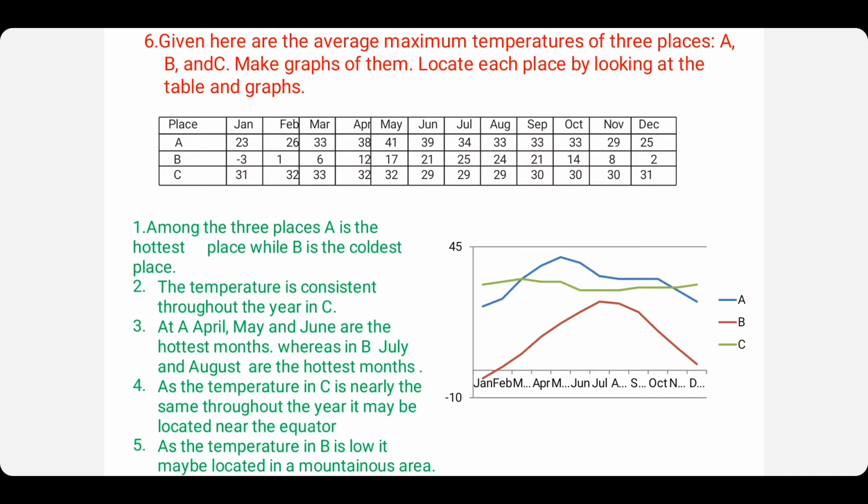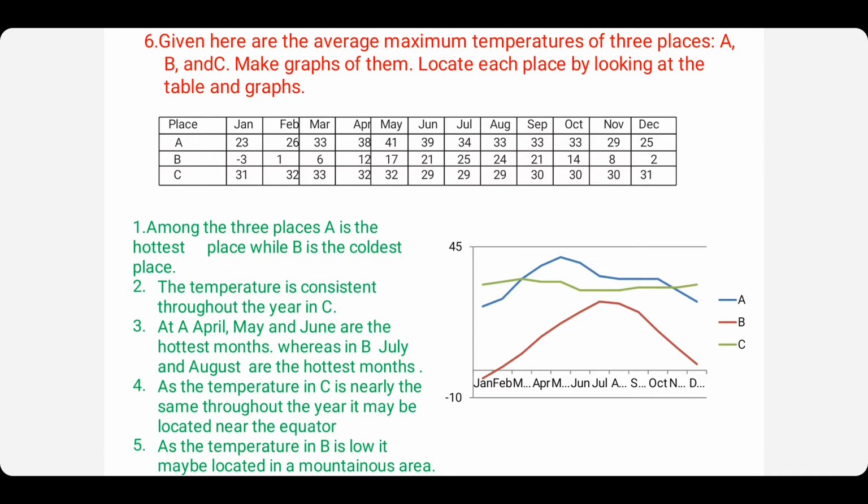And you see C, the line is not at all moving either up or down, it is in the same level. So we can say that the temperature is consistent. Consistent means constant throughout the year in C, in the place called C. And another inference that we can have is at the place A, April, May and June are the hottest months.